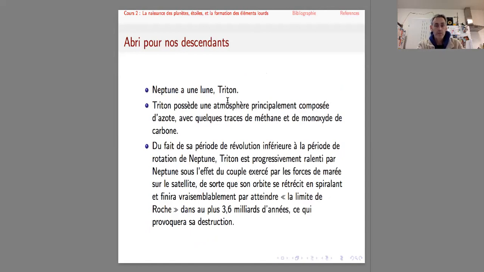Unfortunately, there is a moon of Neptune called Triton, which is not currently habitable because of its atmosphere of carbon monoxide. Unfortunately, it has other problems.